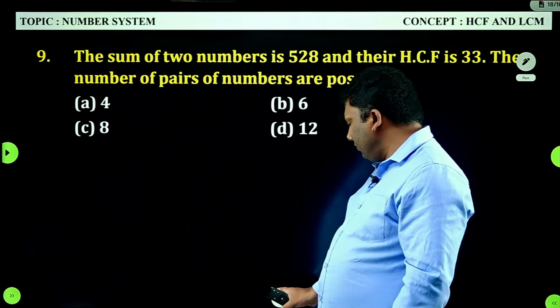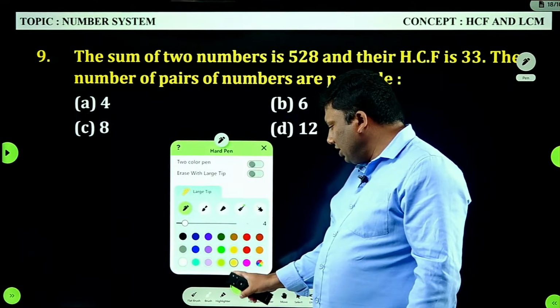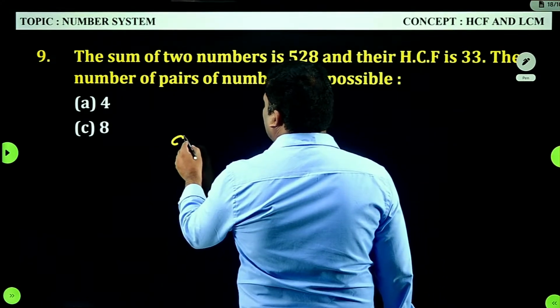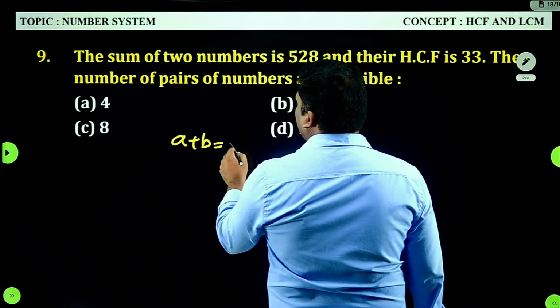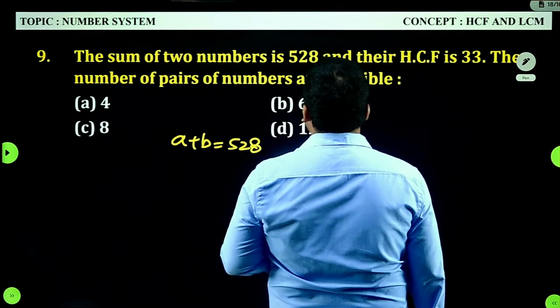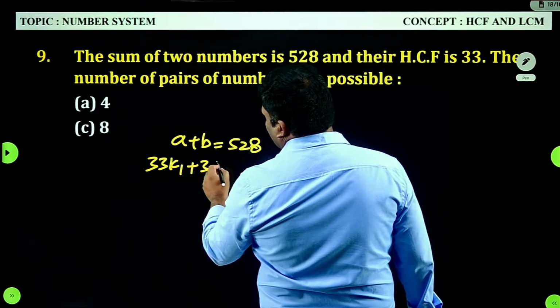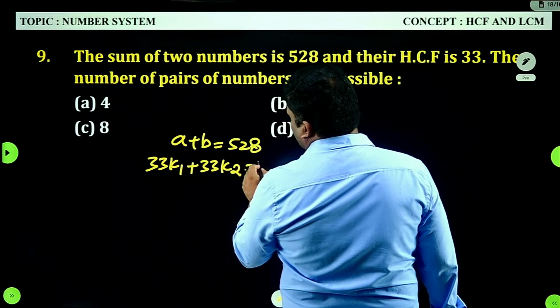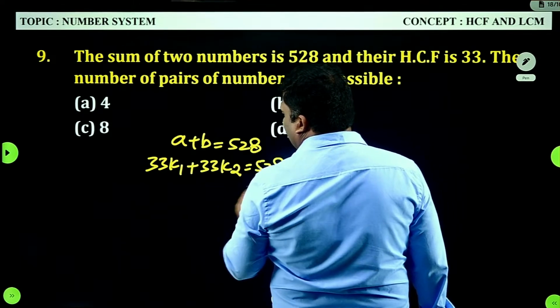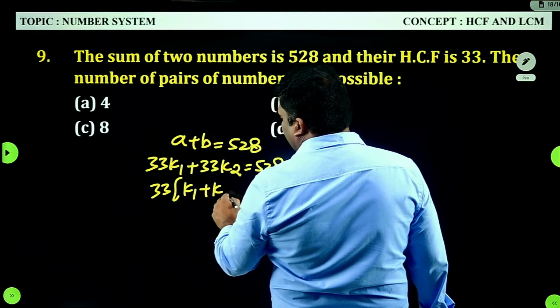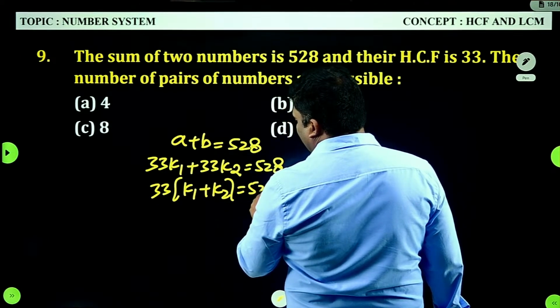Now see here, listen carefully. The sum of two numbers is 528. A plus B is 528. HCF is 33, so 33 K1 plus 33 K2 is 528, that is 33 into K1 plus K2 is 528.